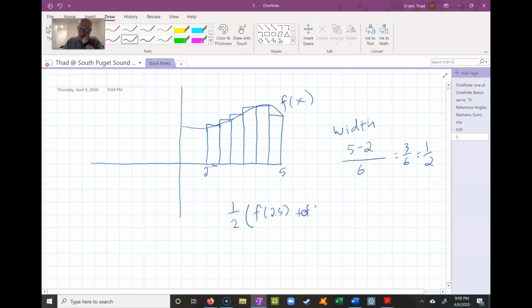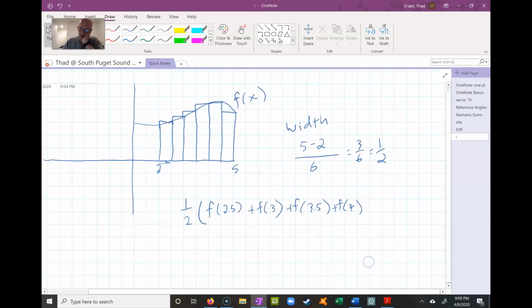And then the next one would be f of 3, and then f of 3.5, f of 4, and f of 4.5 plus f of 5. Let's see, we got 1, 2, 3, 4, 5, 6 rectangles. That's what we should have. Okay, so that would be the right-hand rule.